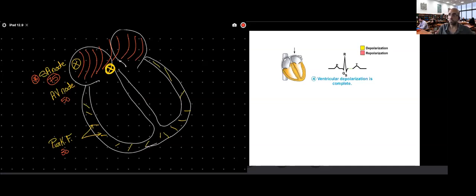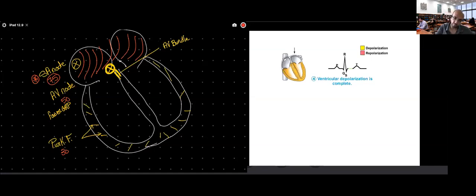Why not the ventricles at the same time? Because the ventricles are connected to the atria electrically only through the AV node and AV bundle. This is my AV bundle on here. So what is the problem here with the AV node? The AV node has fewer gap junctions compared to the rest of the heart.